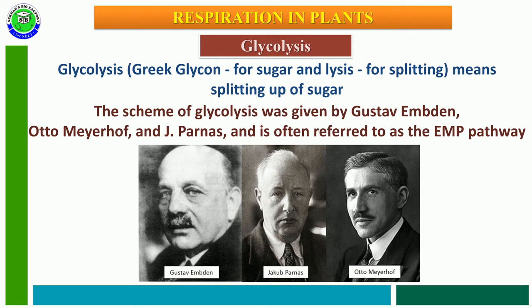The entire pathway of glycolysis was given by three scientists: the first is Gustav Embden, the second is Otto Meyerhof, and the third is J. Parnas. From each scientist's name, the first letter is taken: E from Embden, M from Meyerhof, P from Parnas. So these three letters give this pathway the name EMP pathway.